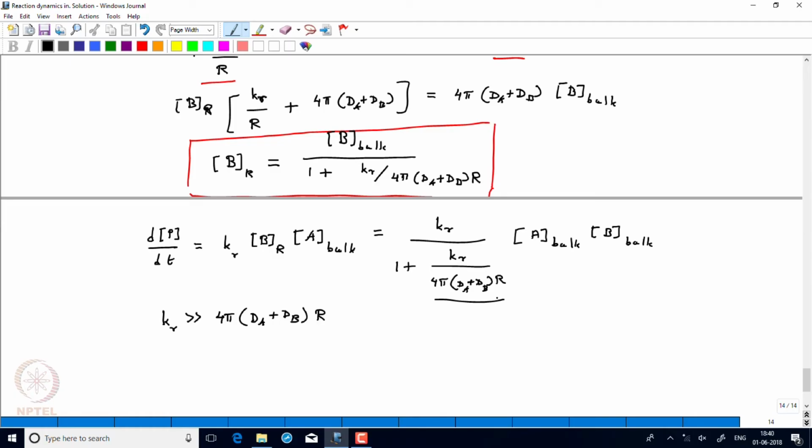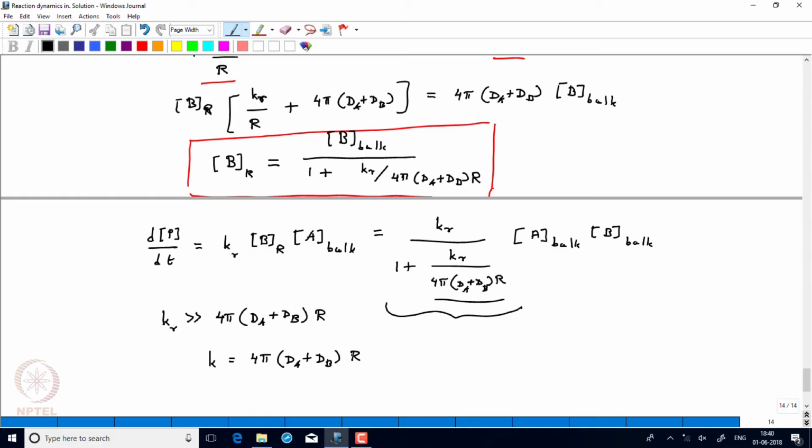Then we can write the overall rate expression as, if I consider this entire term as the K effective or the K of this reaction, K is 4 pi dA plus dB into R. How does it come?